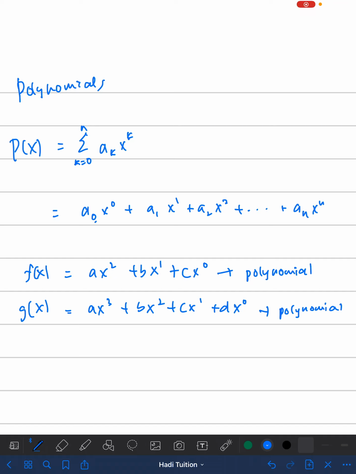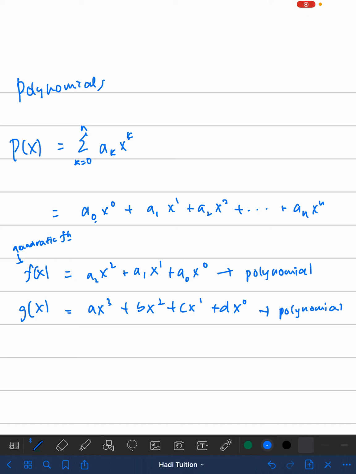We know that the quadratic function here is a polynomial because it has the form of ax^2 plus bx^1 plus cx^0. In fact, I can rewrite this as a_2 x^2 plus a_1 x plus a_0.